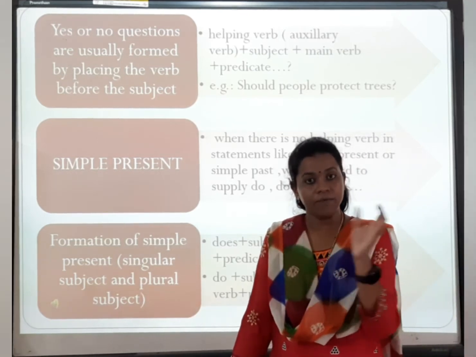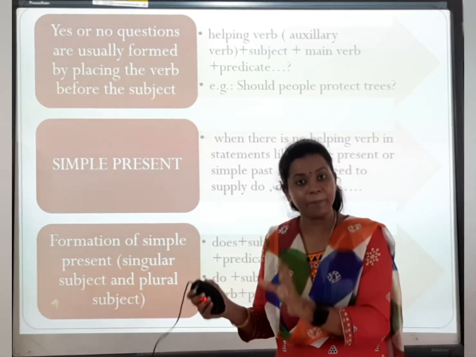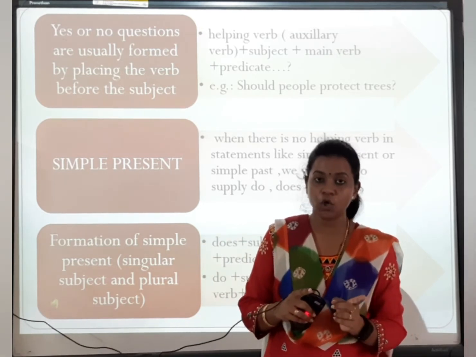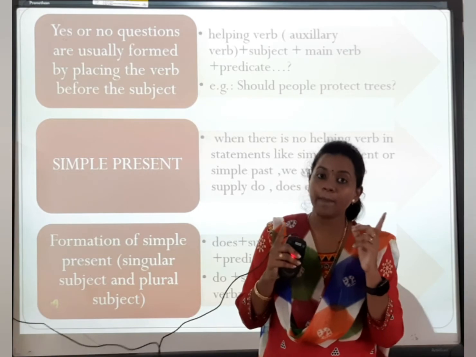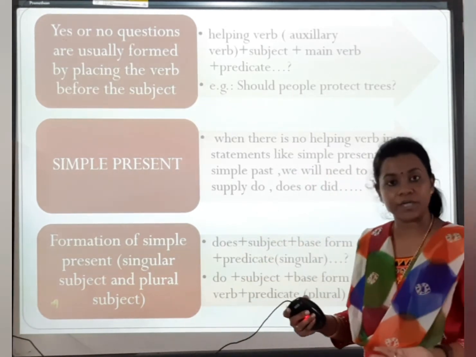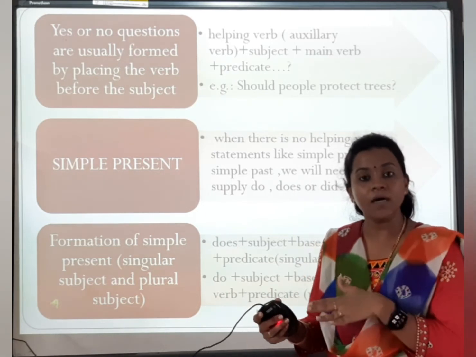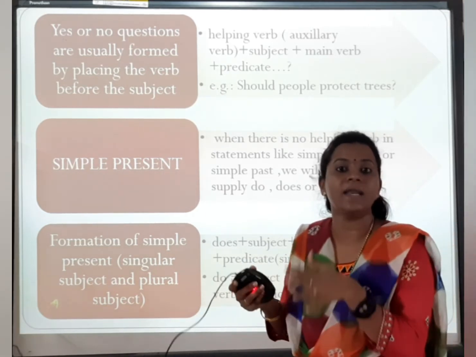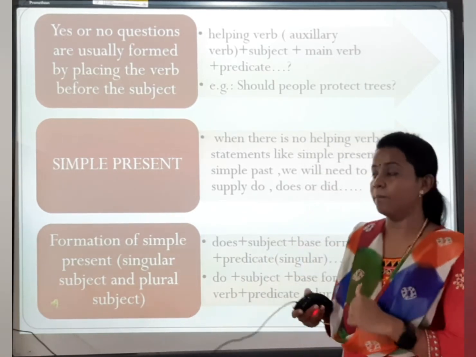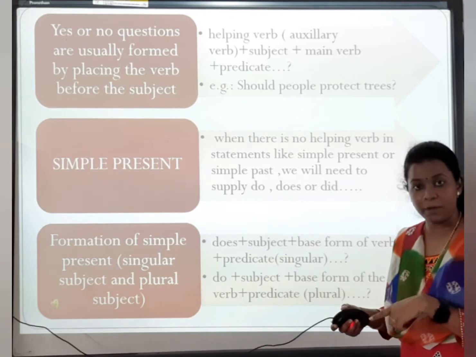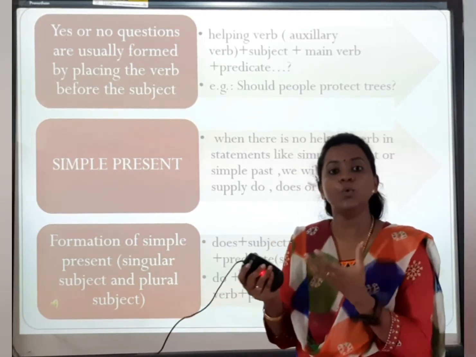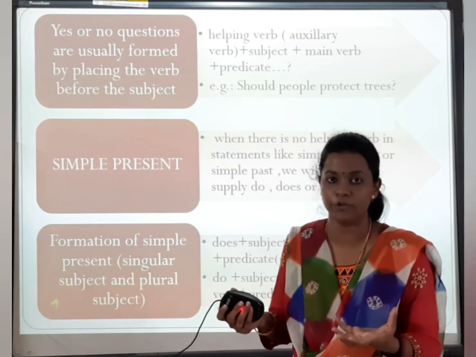That helping verb should will come in the beginning of the sentence. Yes or no? Yes. So it will come in the beginning and we will say should people protect trees. So now here we already had a helping verb. Now in simple present and simple past, it can happen that in the proper statement you don't have that helping verb with you.